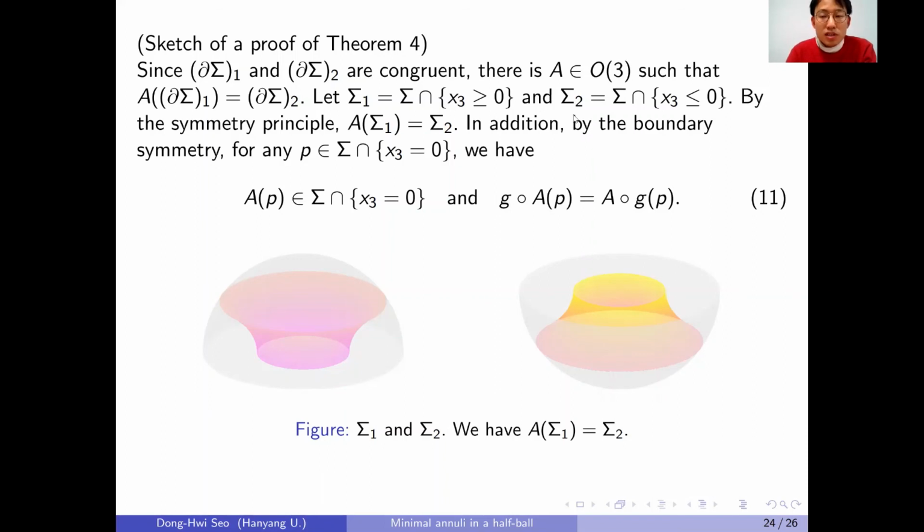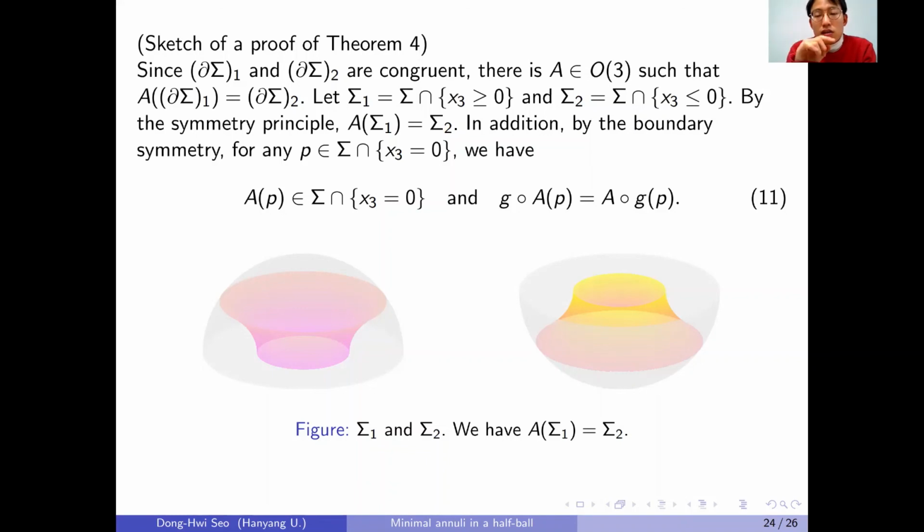Then by the symmetry principle, A maps sigma 1 into sigma 2. If you consider a Gauss map, then A composite the Gauss map should be a Gauss map of the surface.